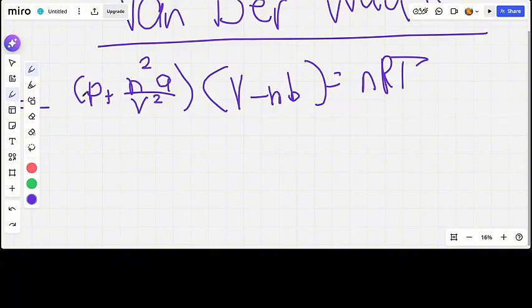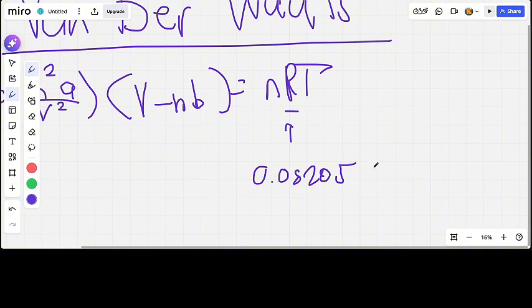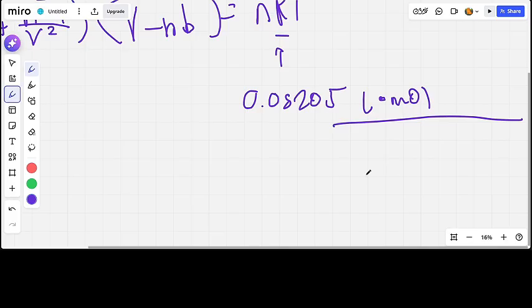So this is pressure, this is volume, this is volume as well. Then there's some constant, it's the moles, and then this is moles, and this is the ideal gas constant, which is 0.08205 liters.